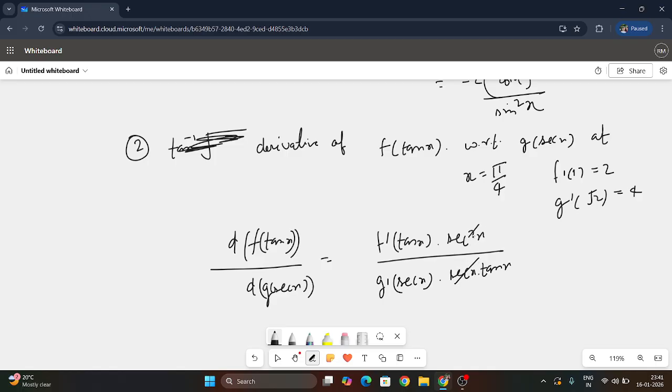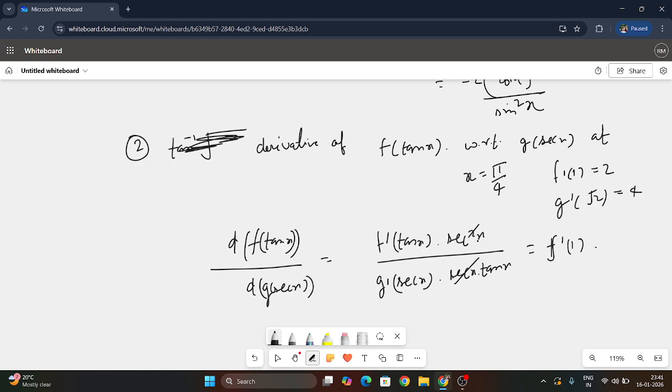These two get cancelled, and it is also asking that x is equal to pi by 4. So let's put pi by 4. Tan pi by 4 is 1, so f'(1), and this is going to be what?